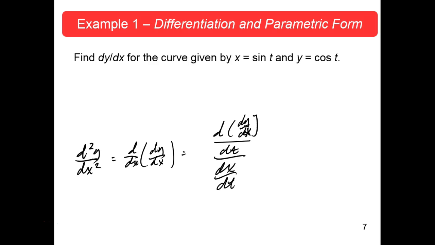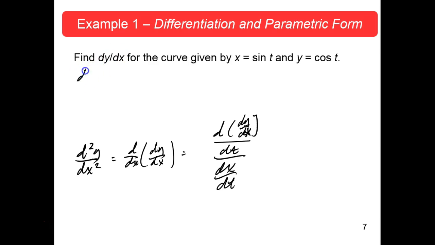And when you do this, just like we did before when we did dy/dx, it's d of dy/dx, dt over dx/dt. It's this thing, derivative of that with respect to t over dx with respect to t. And that's how they derived the second derivative.